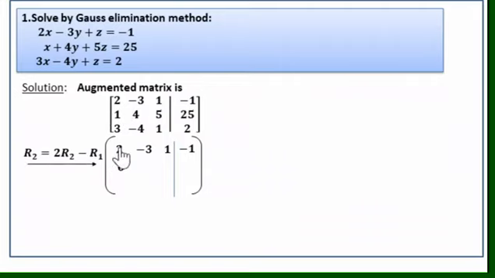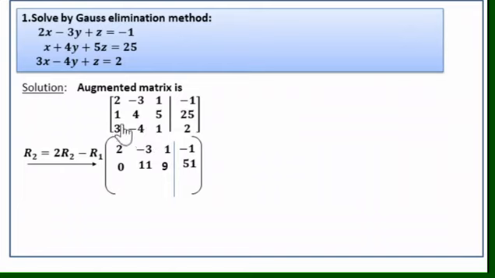Next we have 2 into 4 minus 3, which is 11. Next we have 2 times 5 minus 1 equals 9. Then we have 2 times 25 minus 1, that is we get 51.